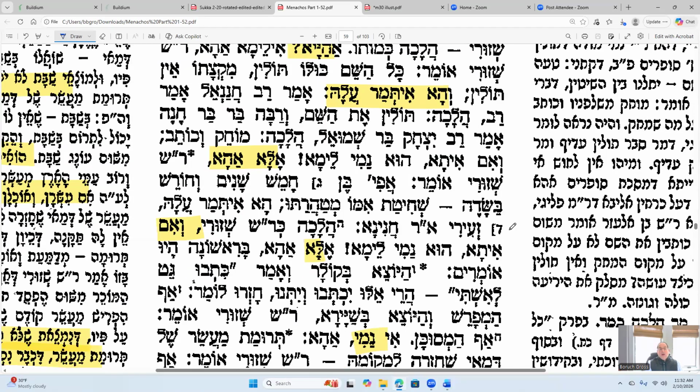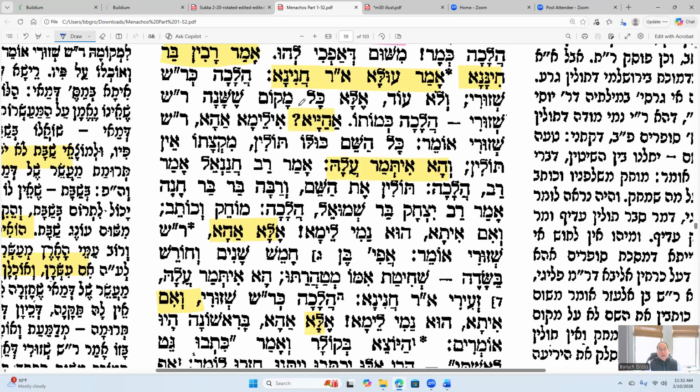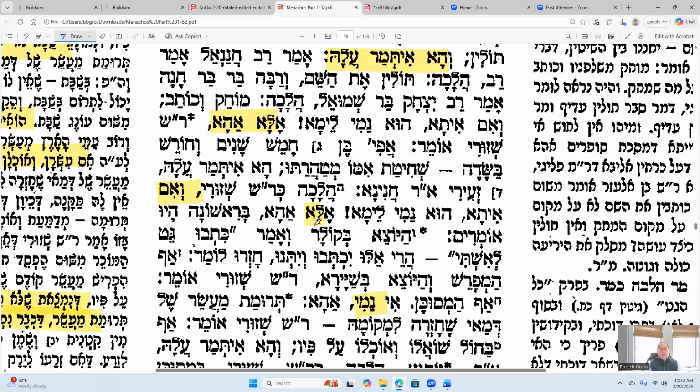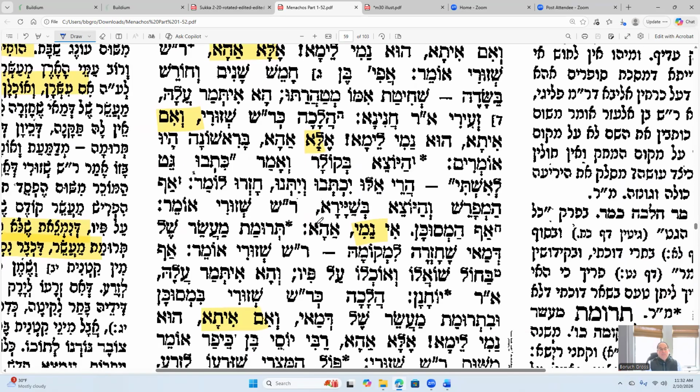Let it say Zeiri said in the name of Rav Chanina halakha Rav Shimon Shazuri, and Ravin also said in the name of Rav Chanina halakha Rav Shimon Shazuri, and the Gemara doesn't say that over there. So again, Ravin must be referring to a different Rav Shimon Shazuri that we paskin like.